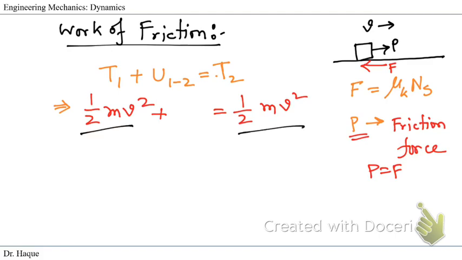The work we know is force multiplied by distance. So if the applied force P travels a distance S, the work is PS.